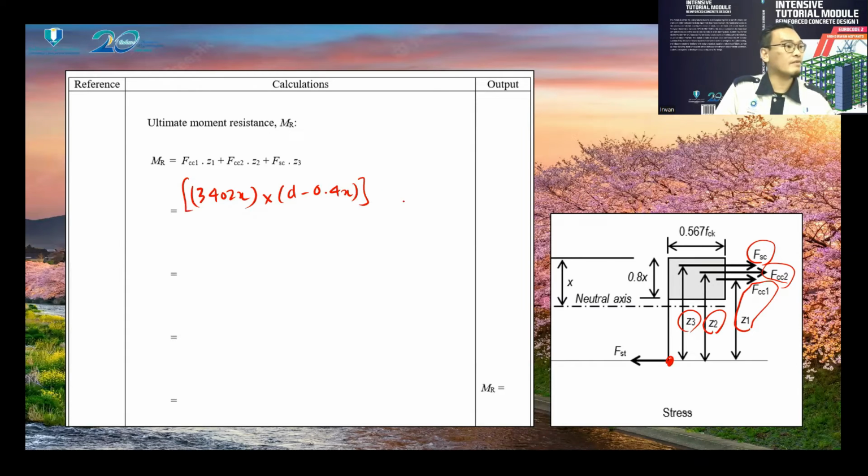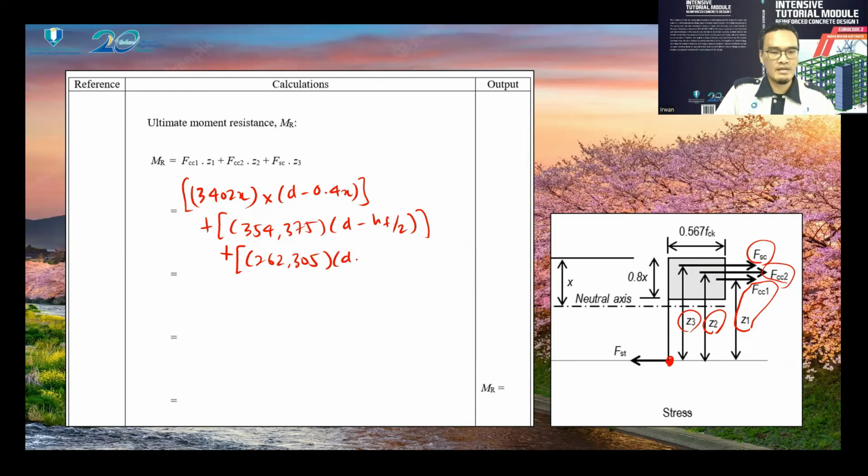You settle this one first, and then you add FCC2, 354,375 multiplied by d minus hf over 2. You settle this one, and then the last one is FSC multiplied by z3, equal to 262,305 multiplied by d minus d prime.